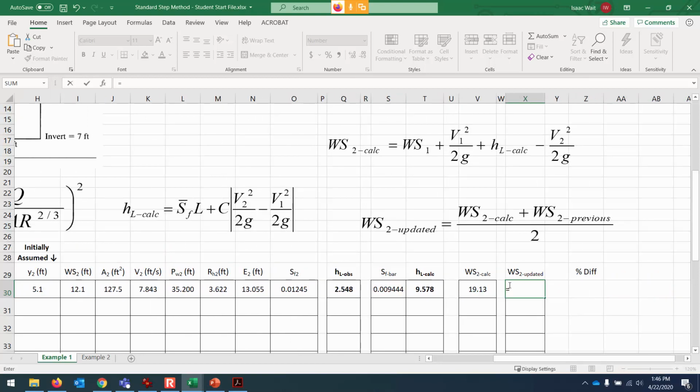Okay, so it is the calculated water surface, and then our previous guess of the water surface was this one, divided by 2. Okay, so you can see I've got a cell here for the difference if we want to find out how much things are changing on a percent basis.